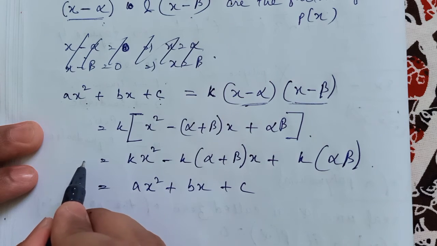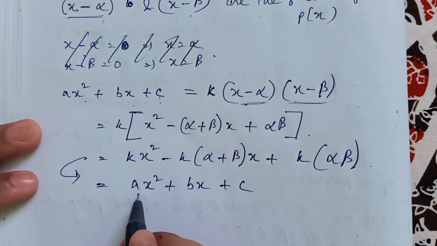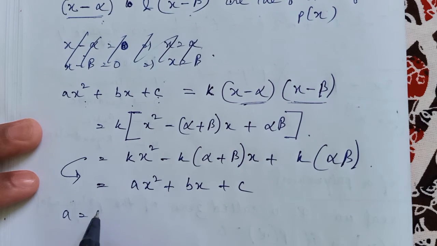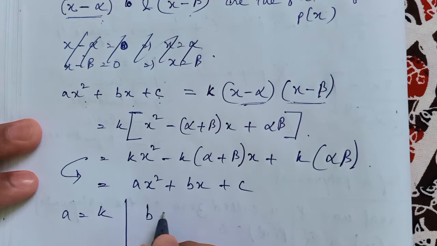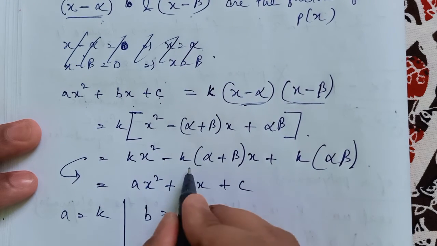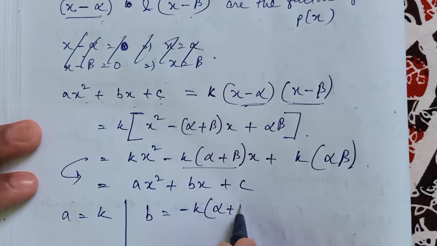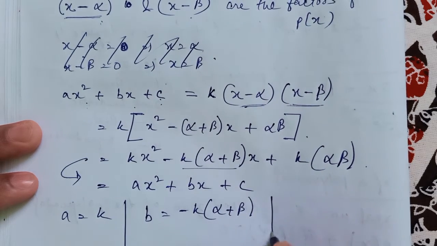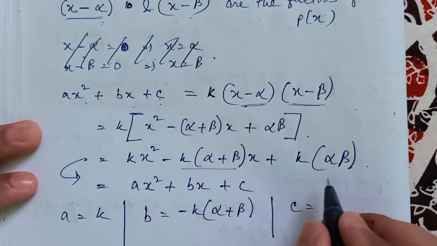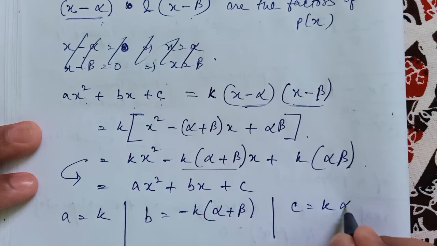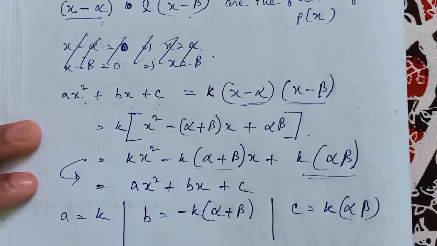What will be the value of a? a will be k. Just compare these two. b will be the whole coefficient of x, that is minus k(alpha plus beta). And c will simply be k alpha beta, because it is the fully constant term.